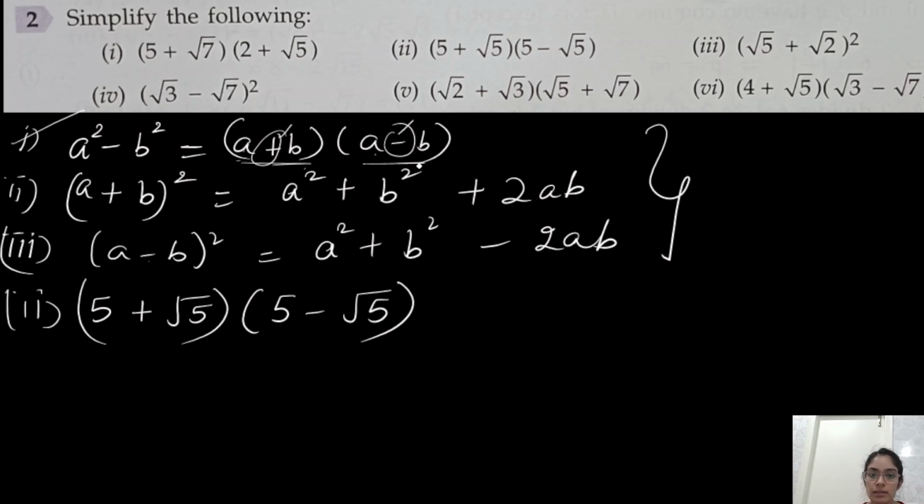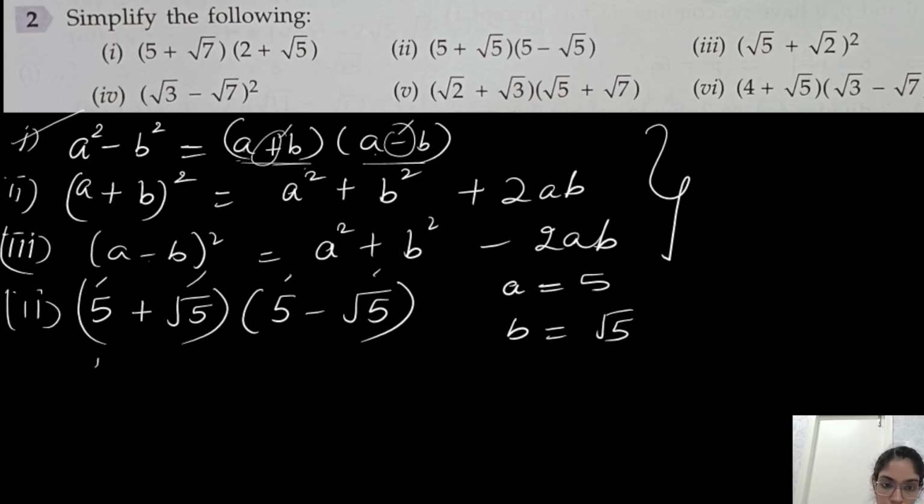Here plus is there, in the second one minus is there, or it can be the opposite also. So this is 5, here also 5, here √5, here also √5. So A and B, I got it. You can write the values to avoid mistakes. A is 5, B is √5.